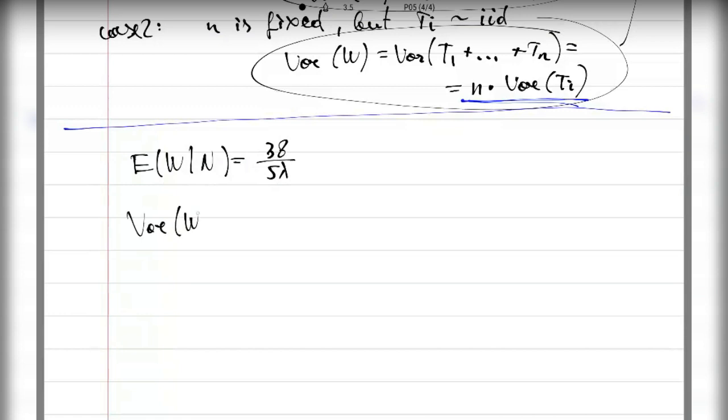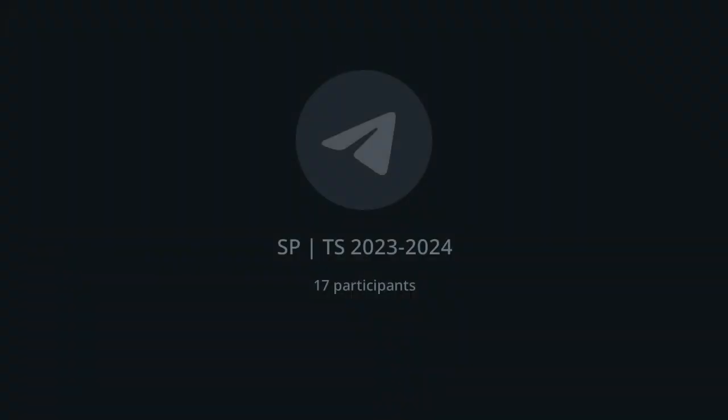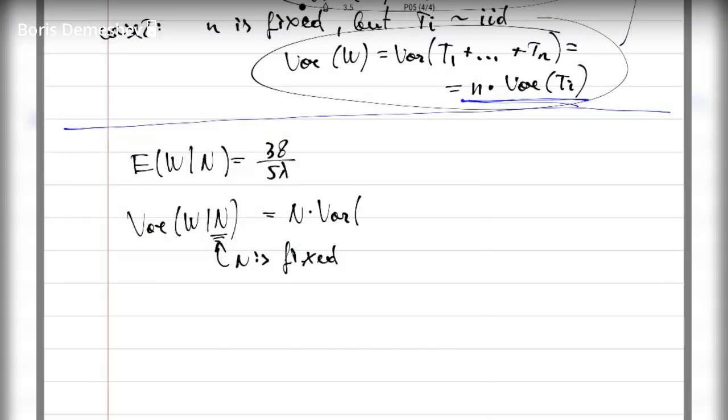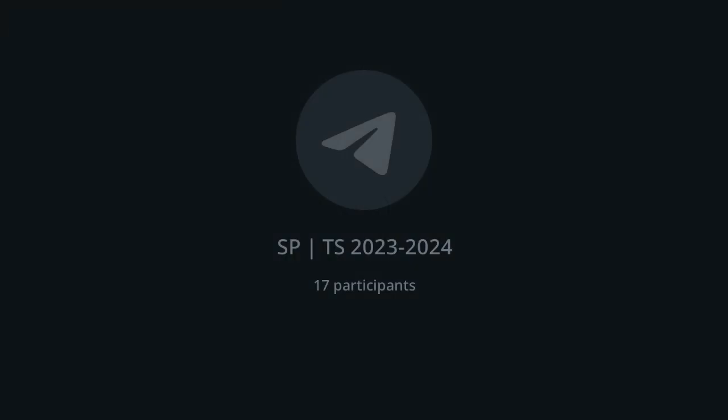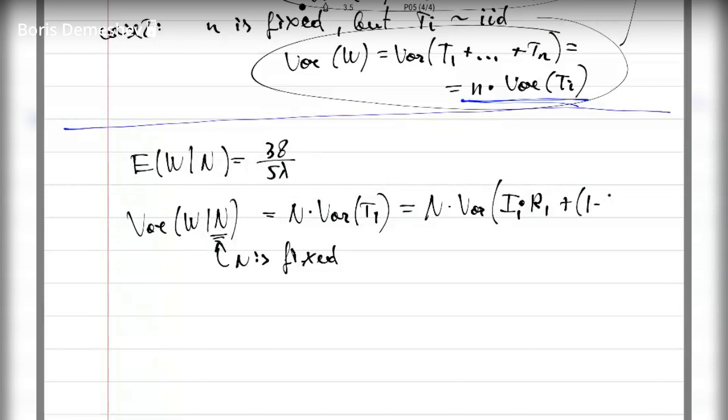What is the variance of W given n? Once again, n is fixed. Hence, we have n times the variance of every ti. That's n times the variance of I1 times R1 plus (1 minus I1) times R2.